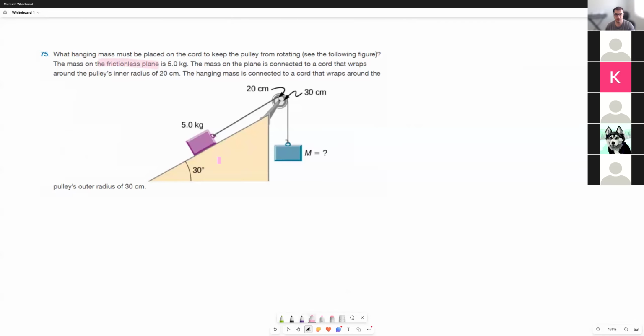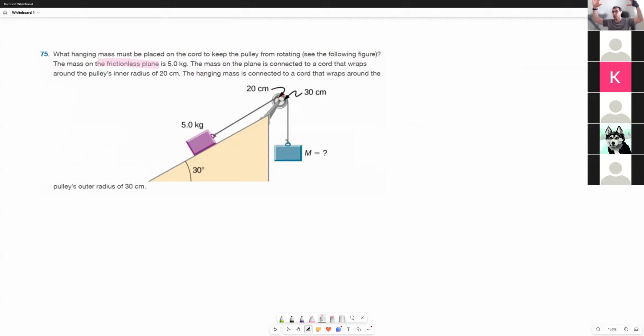The mass on the plane is connected to a cord that wraps around the pulley's inner radius of 20 centimeters. So this is connected to the pulley's inner radius. The inner radius of the pulley is 20.